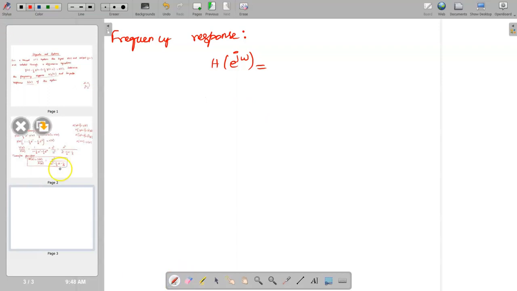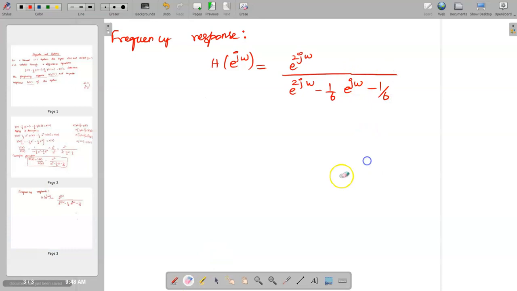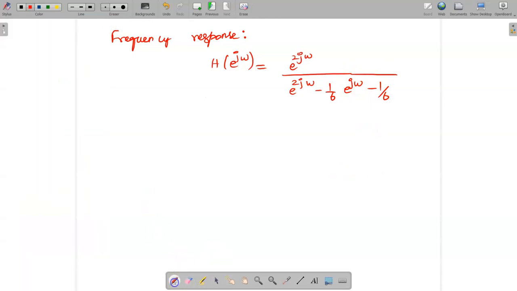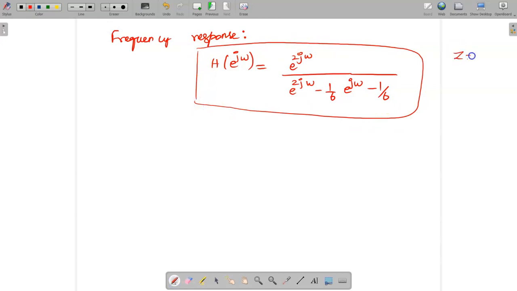Here we have z square, so z square we can write as e power 2j omega, divided by, again in the denominator I have z square, it is e power 2j omega, minus 1 by 6 z, which is e power j omega, minus 1 by 6. So we just substitute the value of z as e power j omega in the previous expression.